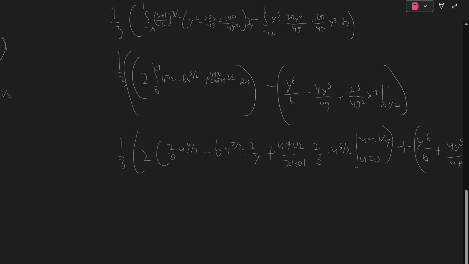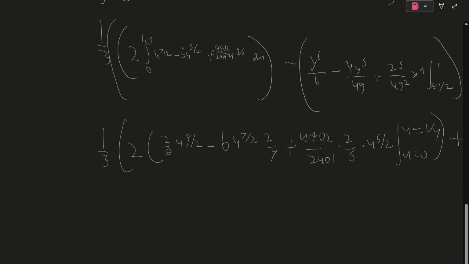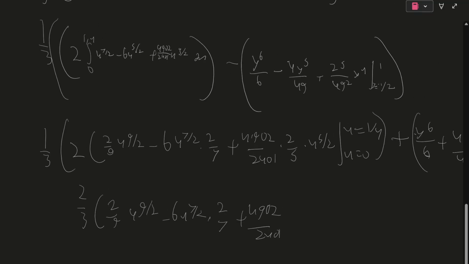And now, whenever we multiply this integral out over here, we realize that it's just 2/3 times 2/9 e to the 9/2 minus 6 e to the 7/2 times 2/7 plus 4,902 or 2,401 times 2/5 e to the 5/2, evaluated from u is equal to 0.